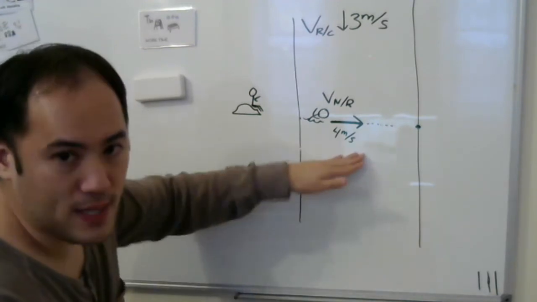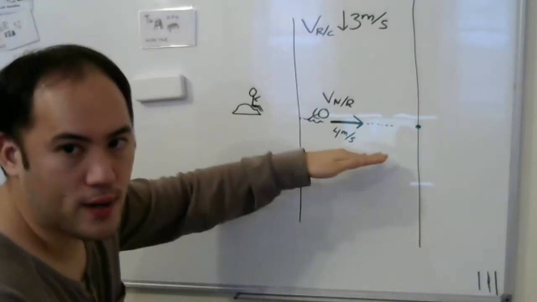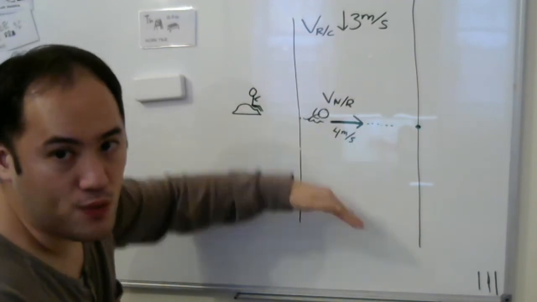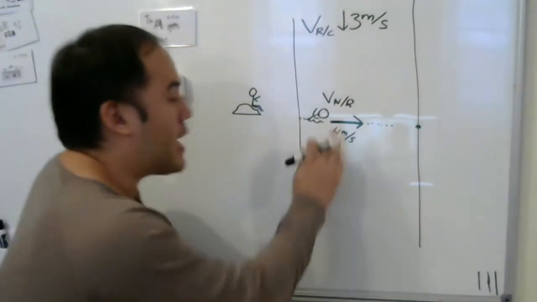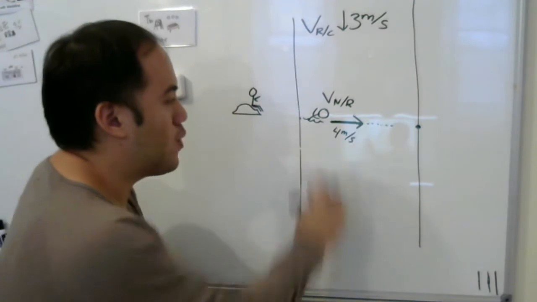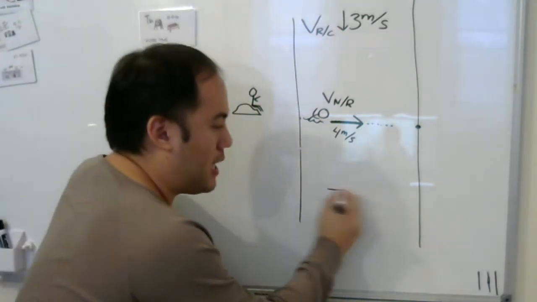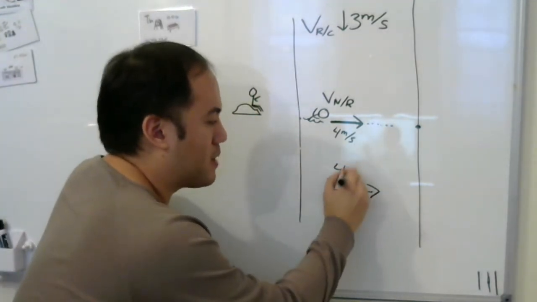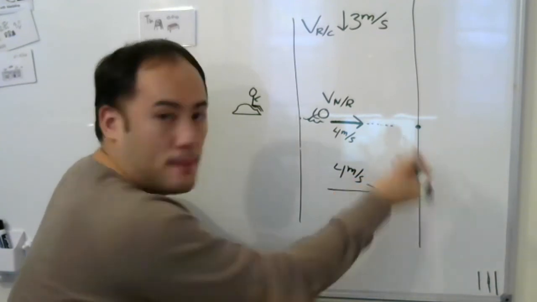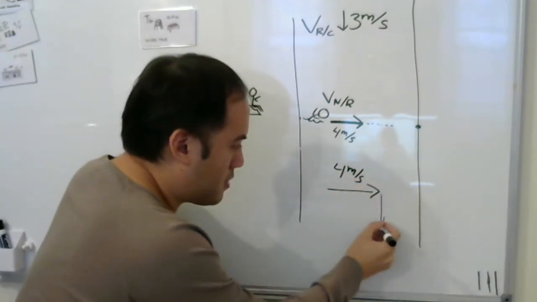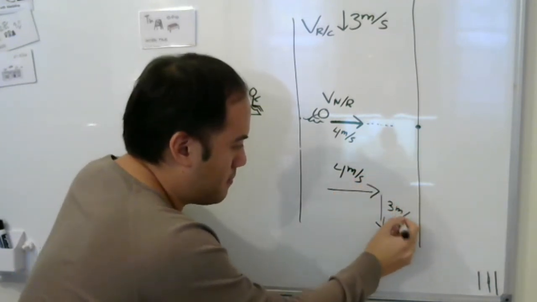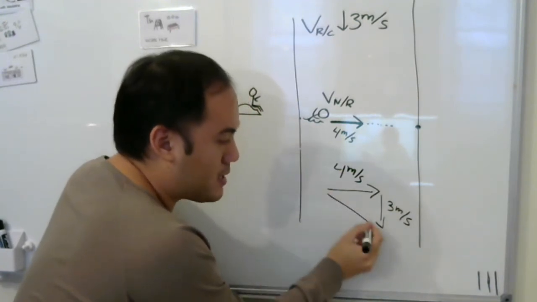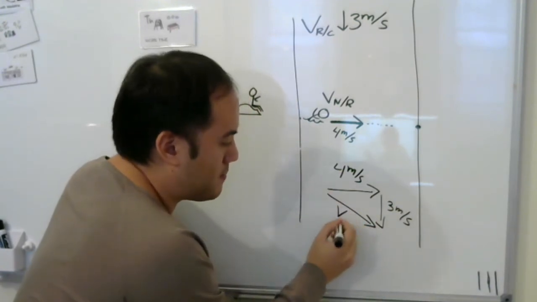Well, if he's swimming this way through the water, but the water is moving, his actual velocity is not 4 meters per second. He'll have this velocity, 4 meters per second, plus this velocity, 3 meters per second. He'll have this resultant velocity.